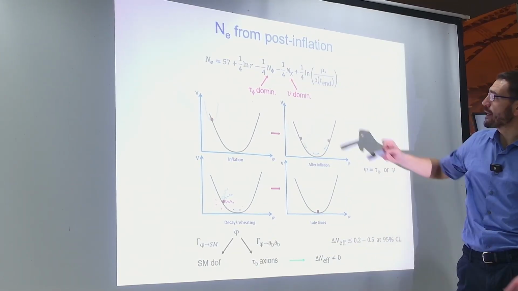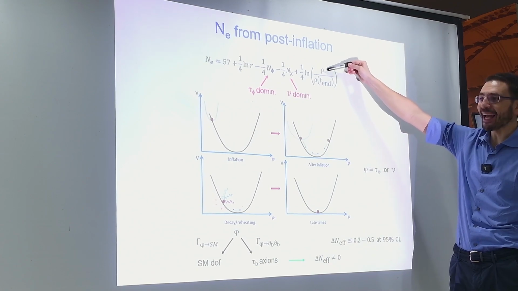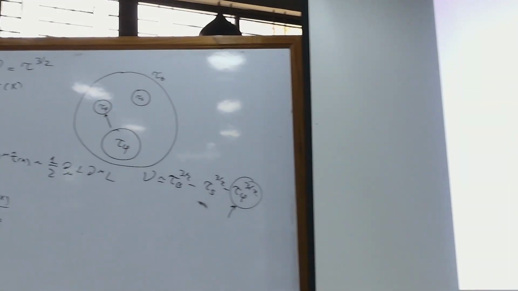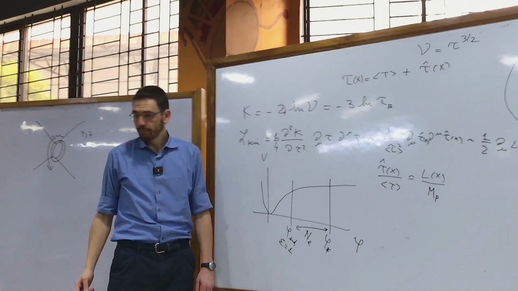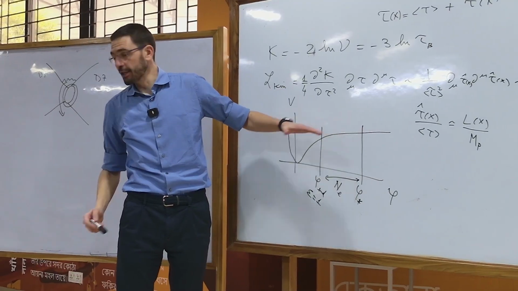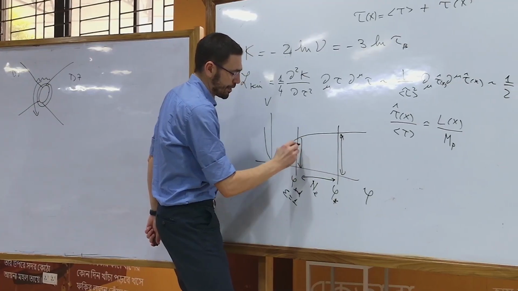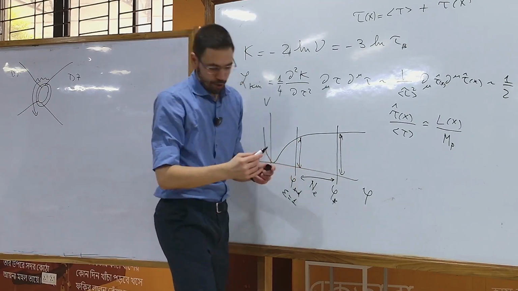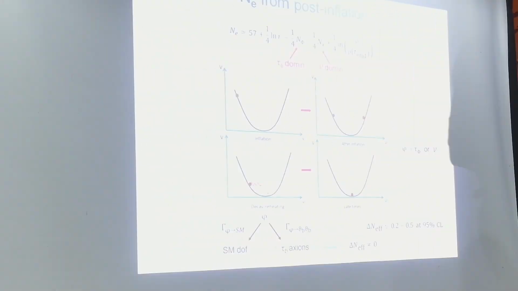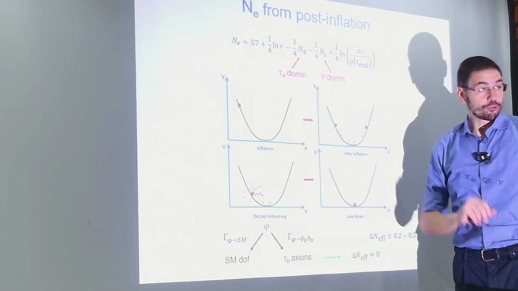Then you have this term here, which is the log of the ratio between the energy density at phi star and the energy density at the end of inflation. If the potential is pretty flat, these two energy densities, which are basically given by the height of the potential here, are almost the same. So that factor is not that important because you get a log of something over 1. The two things which are important are these ones.